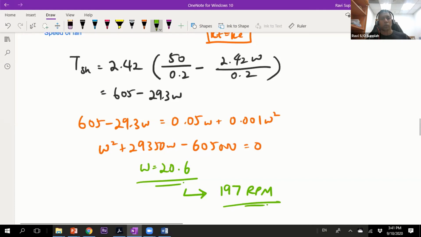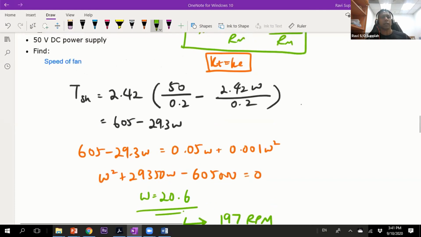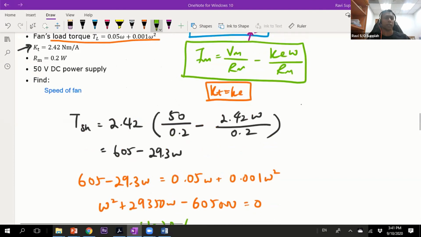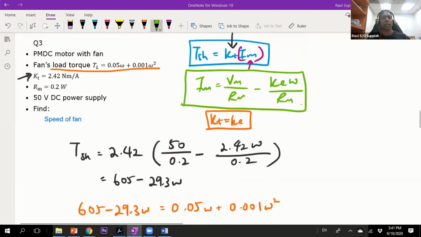The torque of the shaft is the same as the torque of the load because the question mentions they are tightly coupled together. So effectively you treat it as the same torque.